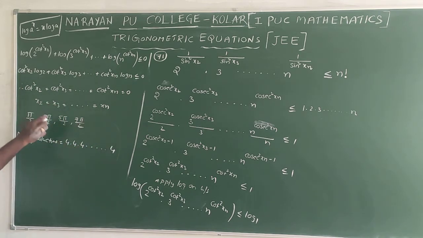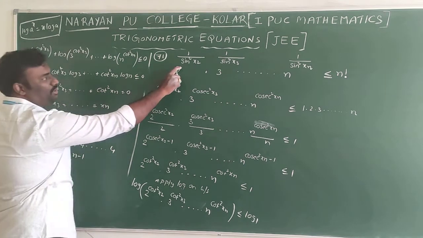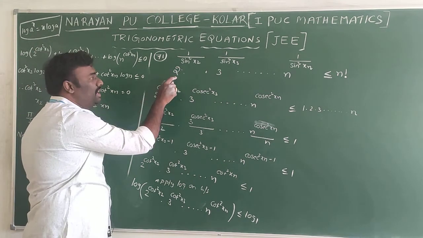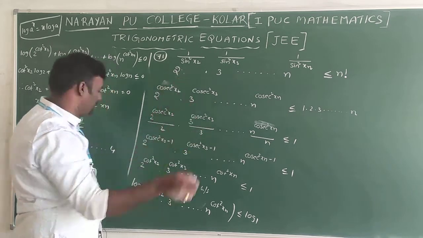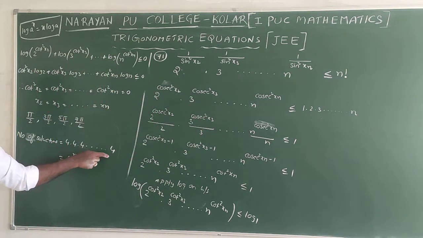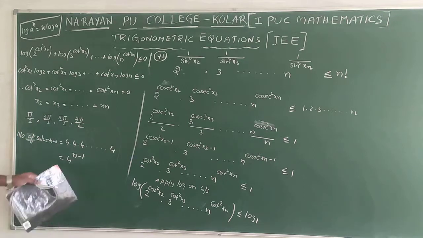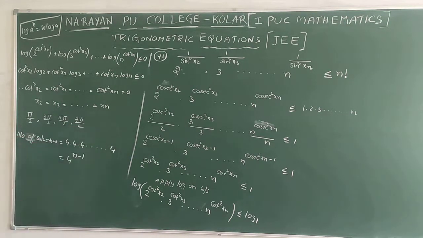For each value you will get a total of 4 solutions. How many such 4s are there? 4 power n minus 1 in total, because here we are not considering 1 power, we are considering from 2 power. So the total number of values is n minus 1. That's why this 4 into 4 into 4 into, you will get n minus 1 times. So this is the product of the solutions for this question. That is nothing but option B, the correct answer.